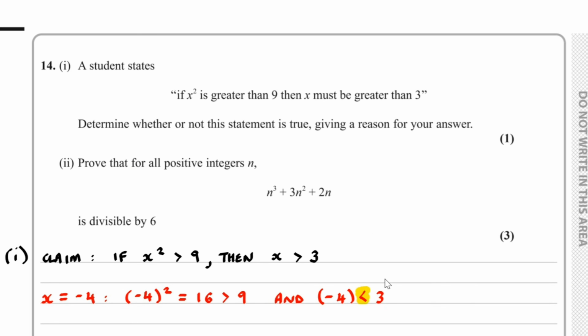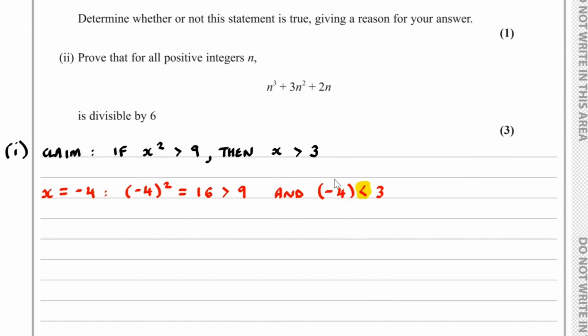This bit is quite crucial. It's less than the 3. We're saying if x squared is greater than 9, then x is greater than 3. We've just found an example where x would be less than 3 in that case. And so the statement is false.